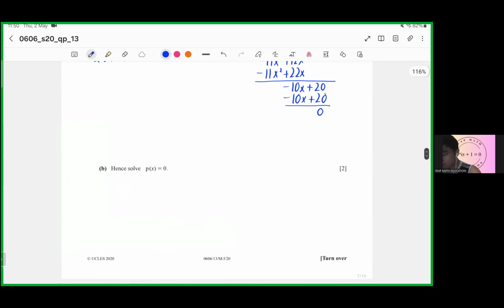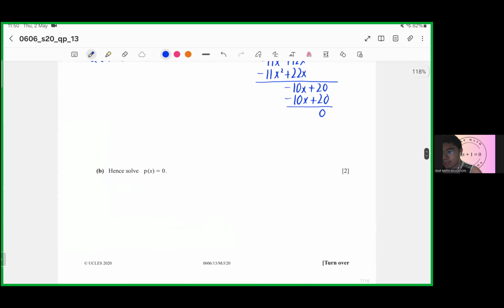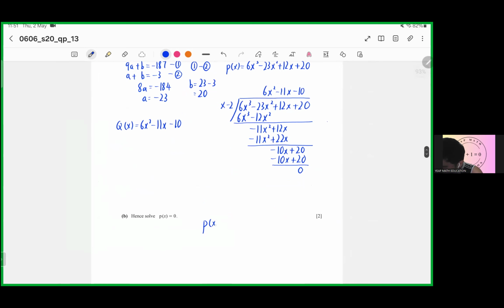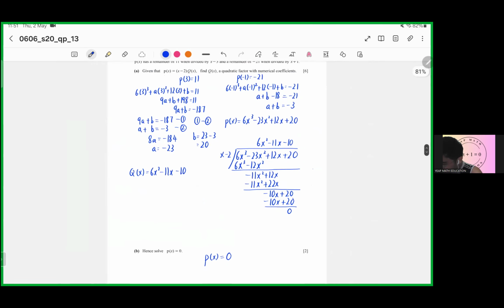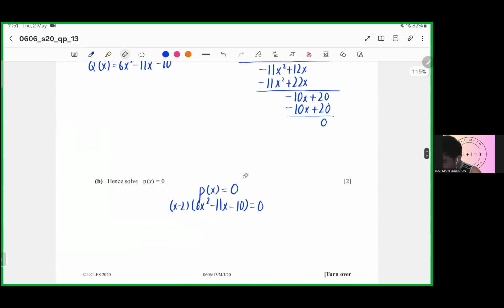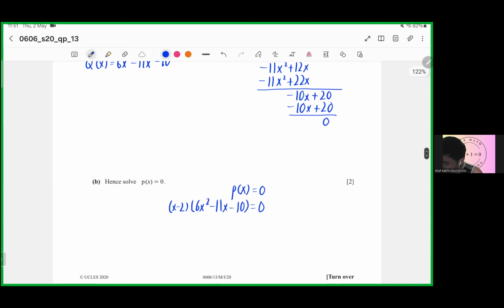Now we look at the next question. Hence, to solve p(x) equals 0, we can copy this: x minus 2, 6x squared minus 11x minus 10 equals 0. And then we just factorize.